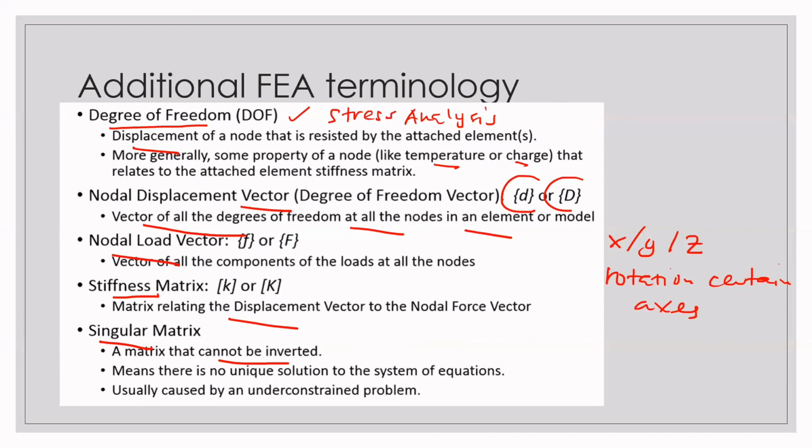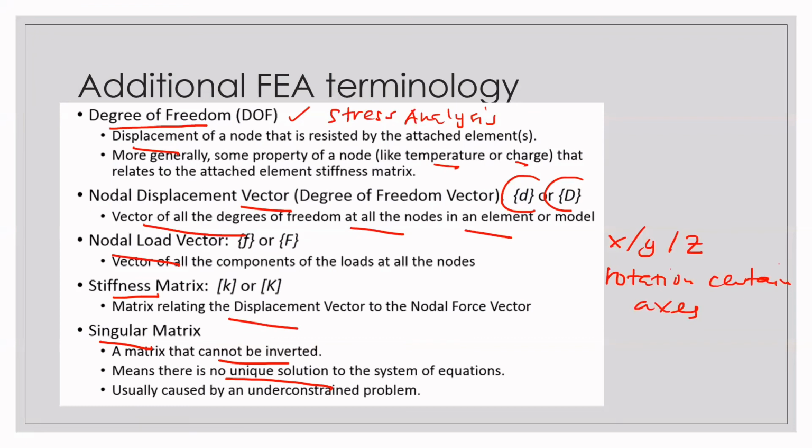But it means something even more important in FEA. It means that there is no unique solution to the system of equations that the matrix represents, which is typically caused by a problem in which you haven't fully tied things down.